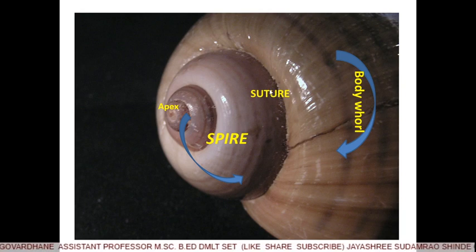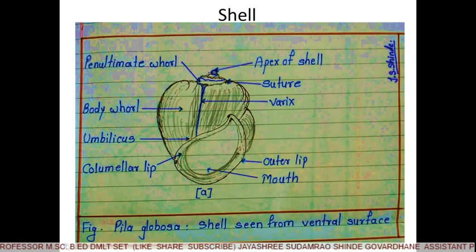Okay, the columella, see in previous, this is columellar part, useful for attachment to the columellar muscles of head and foot complex. In next slide we'll explain this.